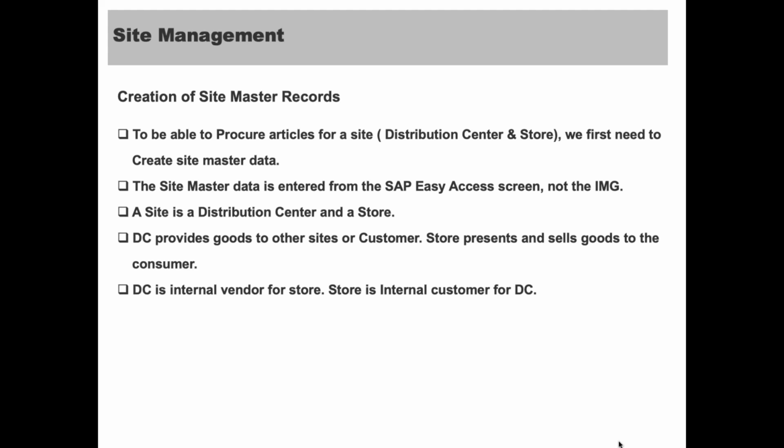Customers walk in, they buy the stock and move on. As I said, site master will be treated as a master data, and therefore they would be created in the EC access screen and not in the SPRO screen. So that's the introduction about the site masters.